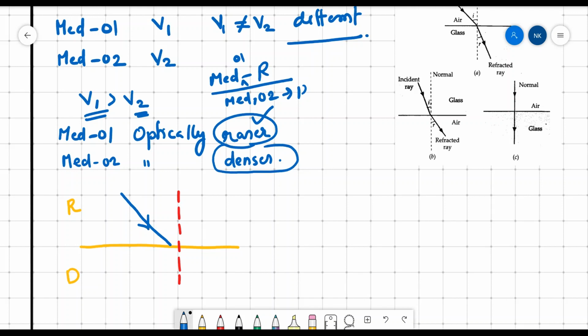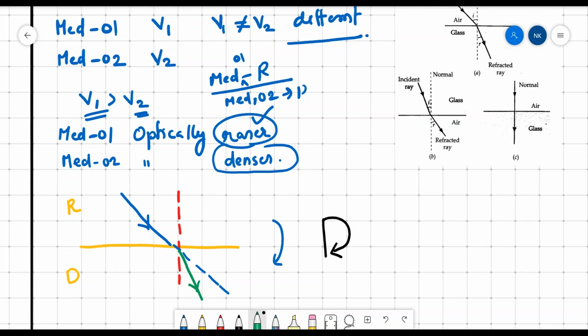So if the light is traveling from rarer towards denser, so it's traveling towards denser medium. Okay, so अब देखिए, towards the denser it was traveling, so the light instead of moving like this, it will bend towards the normal.